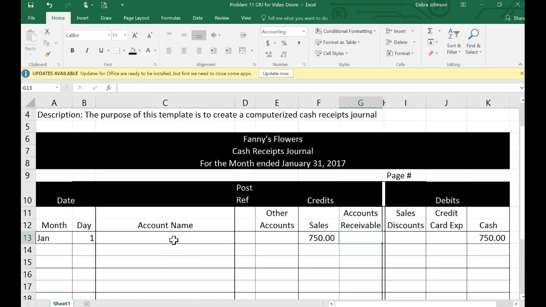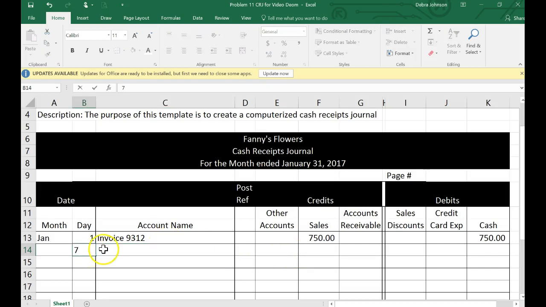Since this is a cash sale, it's not necessary to put any type of information in here. If you choose, you could put in an invoice number, but even that's not necessary. So let me go ahead and put in invoice number 9312. No other explanations necessary because it was a cash sale. So let's move on to the next one.